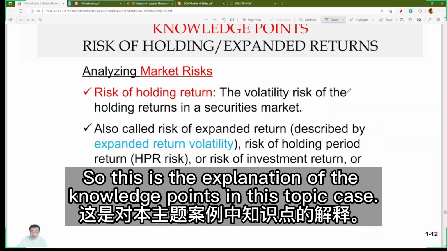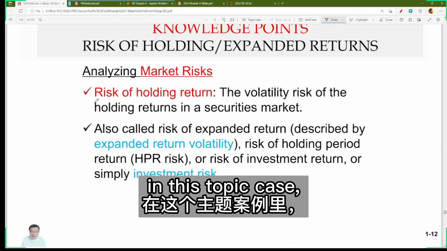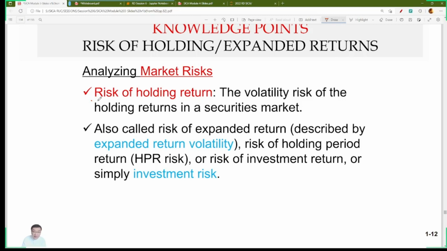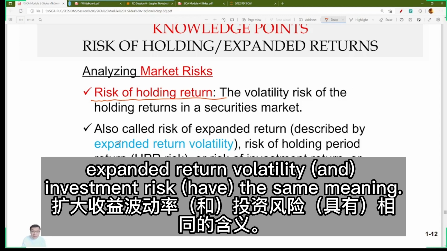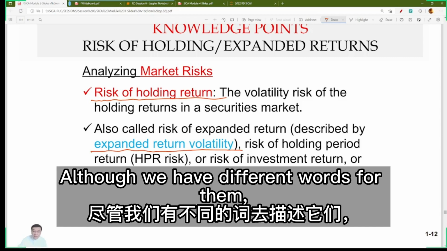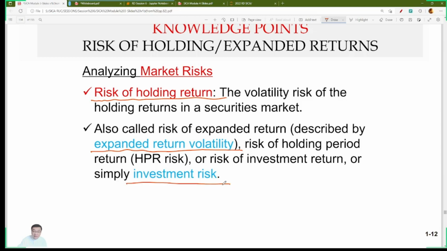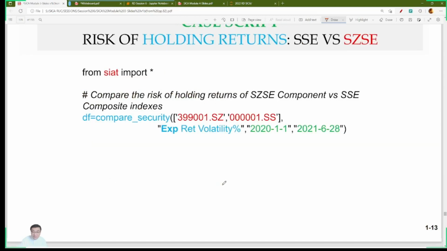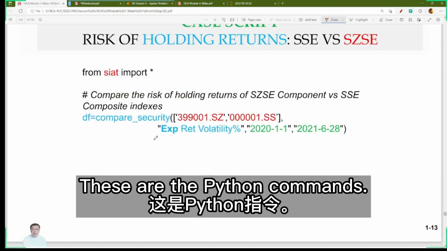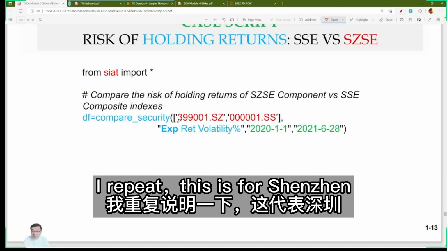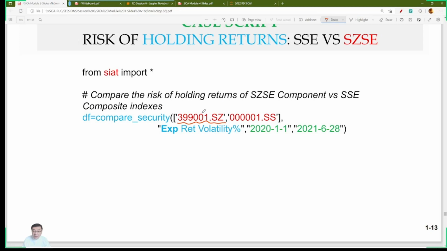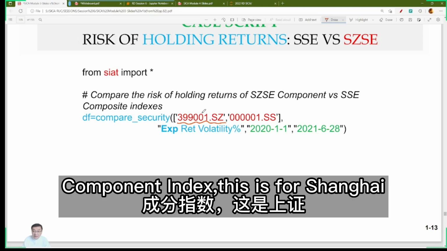So this is the explanation or the knowledge points in this topic case. Risk of holding returns, expanded return volatility, investment risk, have the same meaning. Although we have different words for them, the meaning is the same. Okay, these are the Python commands. I repeat, this is for Shenzhen Component Index.